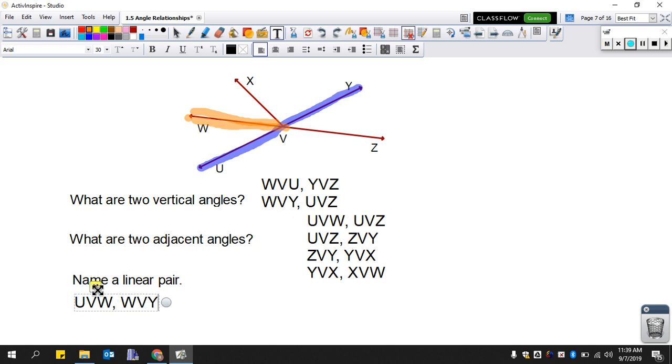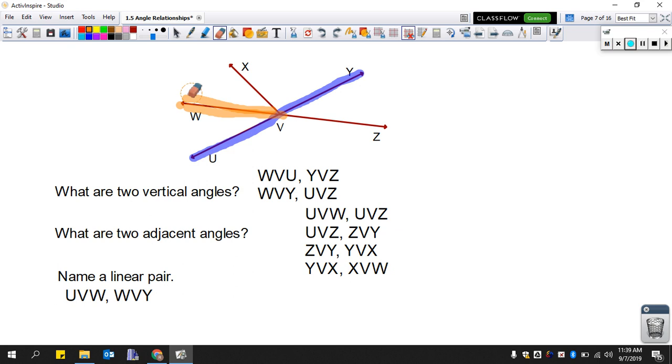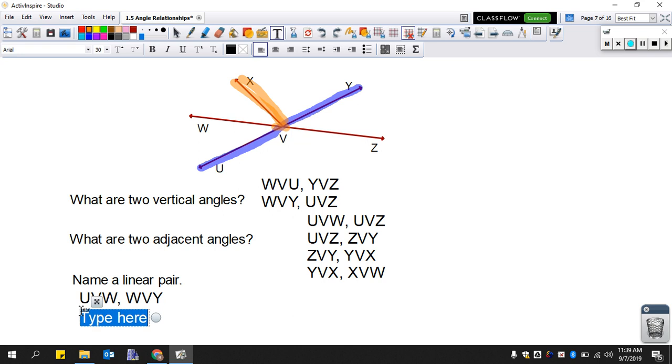That's one of the linear pairs. All right. We can have UVX and XVY. Oops, not WX. XVY.